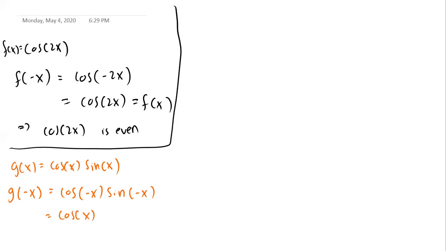And then sine is odd, so the negative goes outside, so times negative sine of x. Simplify, and of course we have a negative times the original function. So this is the same as negative g of x. So we plug in negative x, we get negative g of x, meaning that this is an odd function.